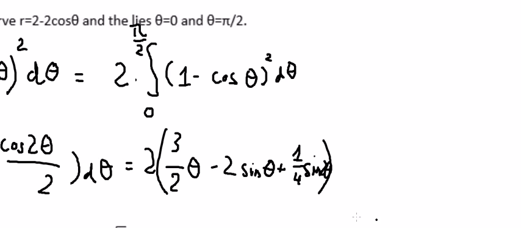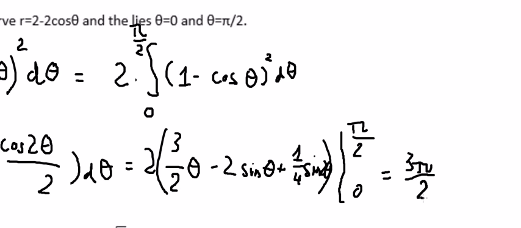And we put the boundaries in here. So we got about 3b over 2 minus number 2.